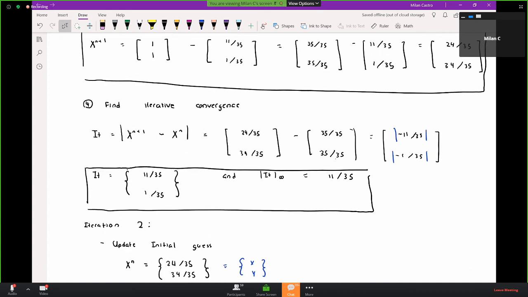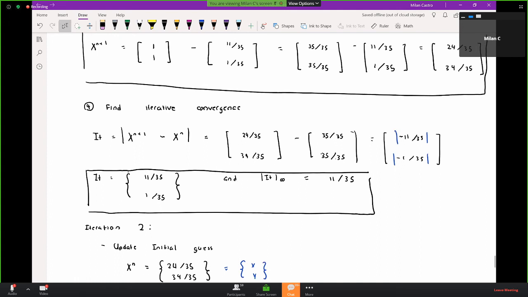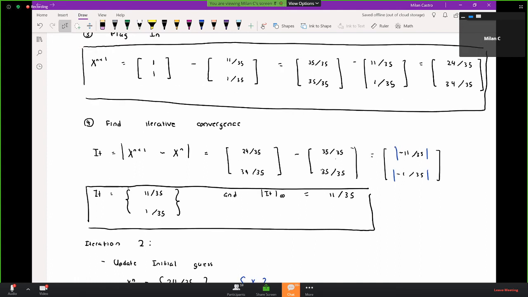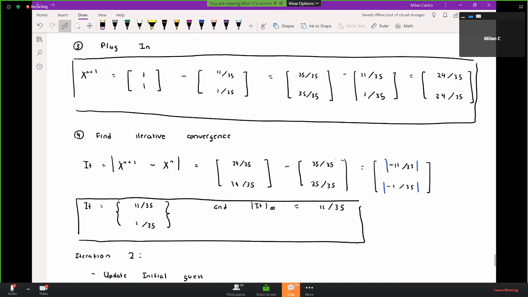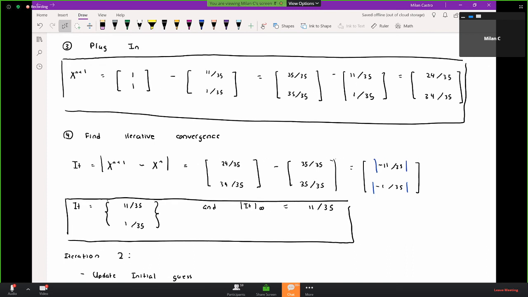So your iterative convergence is just the absolute value of your new iteration minus your previous one, which just ends up being 24 over 35 and 34 over 35 minus 35 over 35 and 35 over 35, which is just 1.